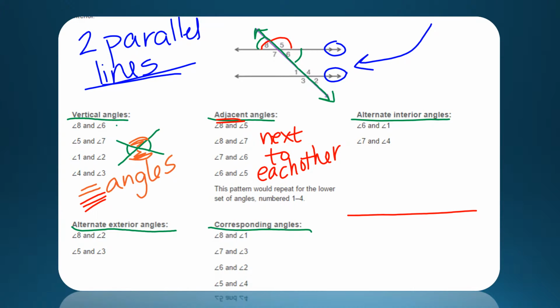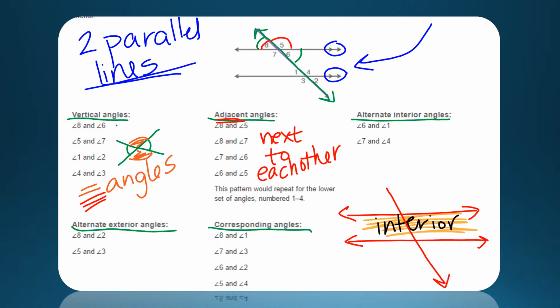All right, alternate interior and alternate exterior. So when you have a shape, here's our two lines here. Anything inside those lines right here is called interior. I'm just going to write interior here so you can see it. And imagine now if I drew this line through it, this is my transversal, it doesn't matter. Everything inside those two lines is still interior.